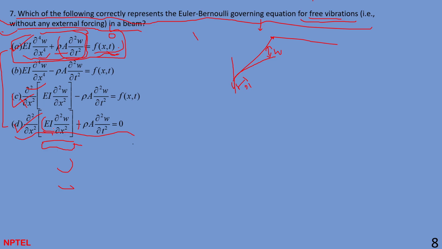When you partially differentiate this term, you need to apply some kind of product rule, right? Let's say you are first partially differentiating with respect to x. There are two terms, this is the A term and this is the B term, so you need to apply the product rule. Here E is your Young's modulus and I is your moment of inertia.